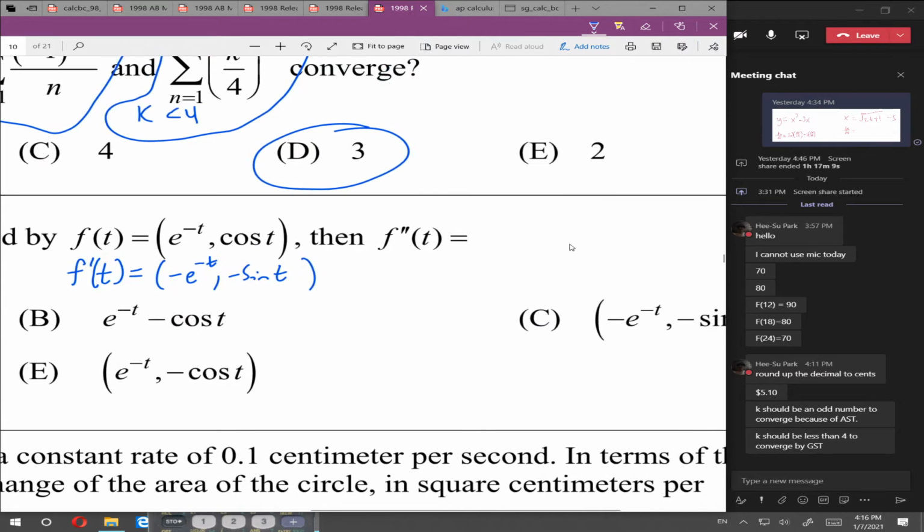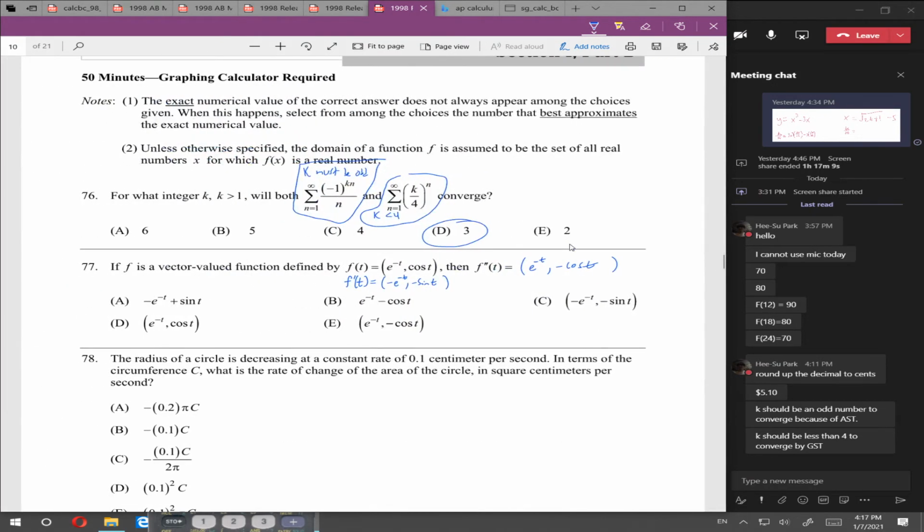Okay. And what's our second derivative? I'm going to stick with you because that was fast. E to the power of negative t and negative cosine t. Okay, so we just need to match. I've got E.